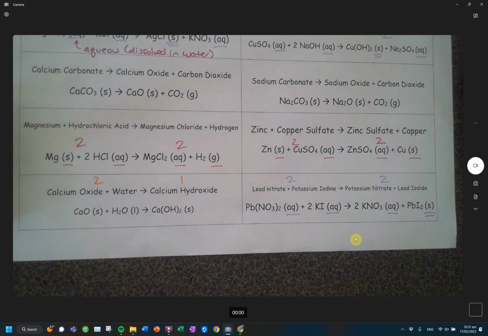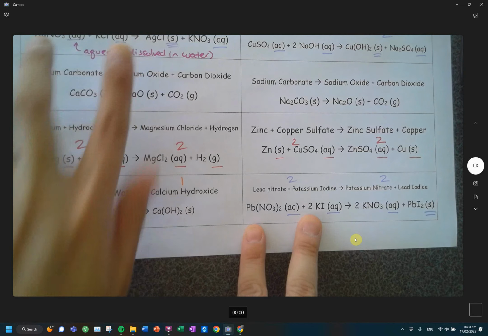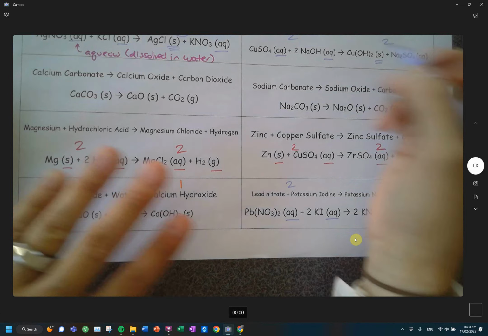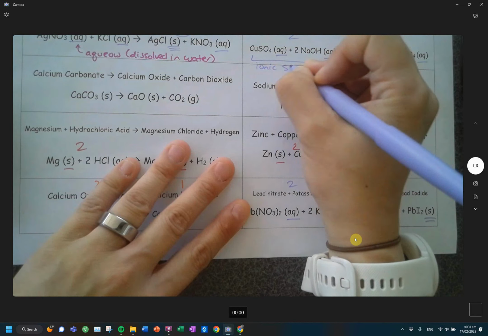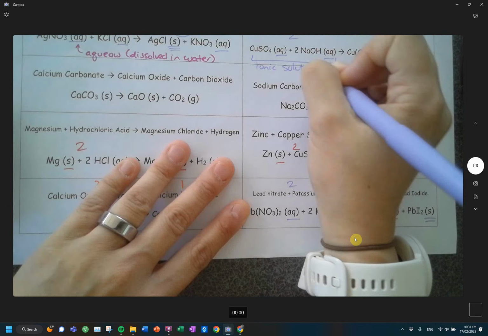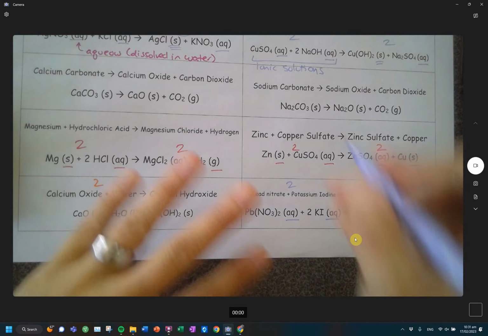So what I'm seeing specifically is that I am mixing ionic solutions in these 3 examples with the purple. In the purple examples, we see ionic solutions, so basically a salt that's been dissolved into water.